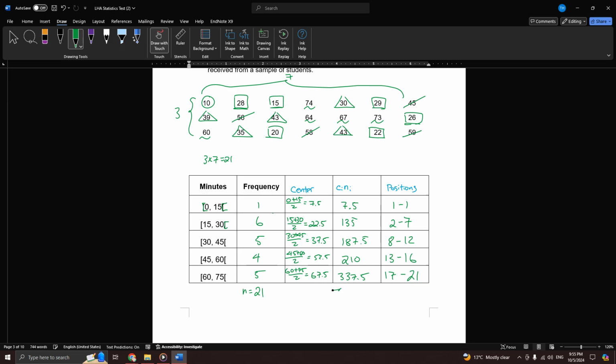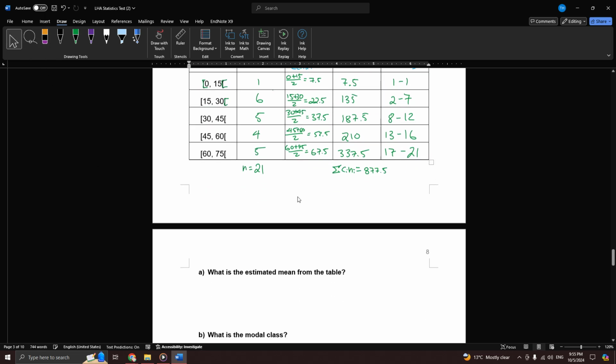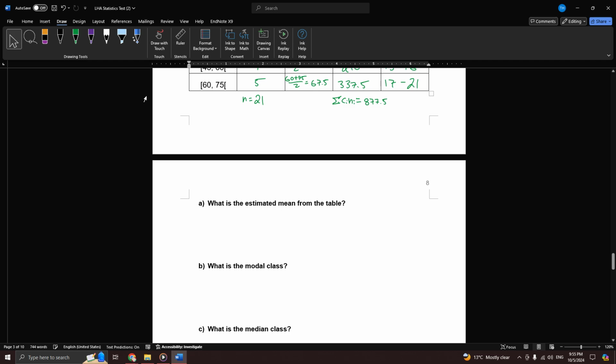Now, let's find the sum of CiNi. I'm pretty sure that's going to be useful later, okay? So 7.5 plus 135 plus 187.5 plus 210 plus 337.5. That's 877.5. So let's scroll down. What is the estimated mean from the table?